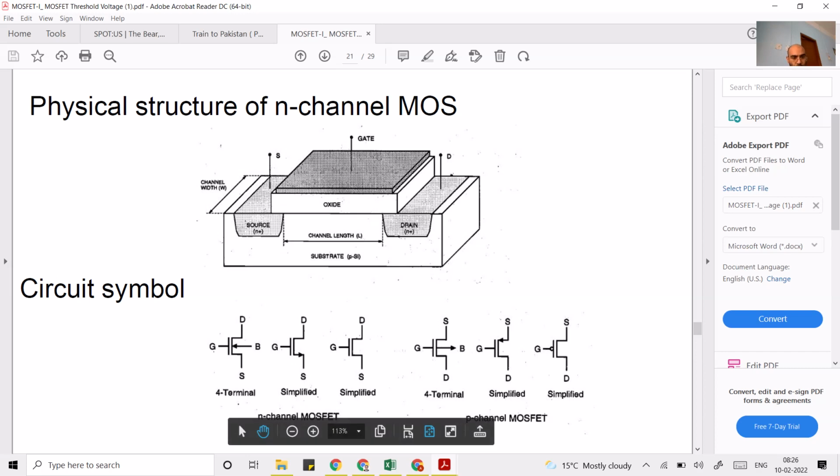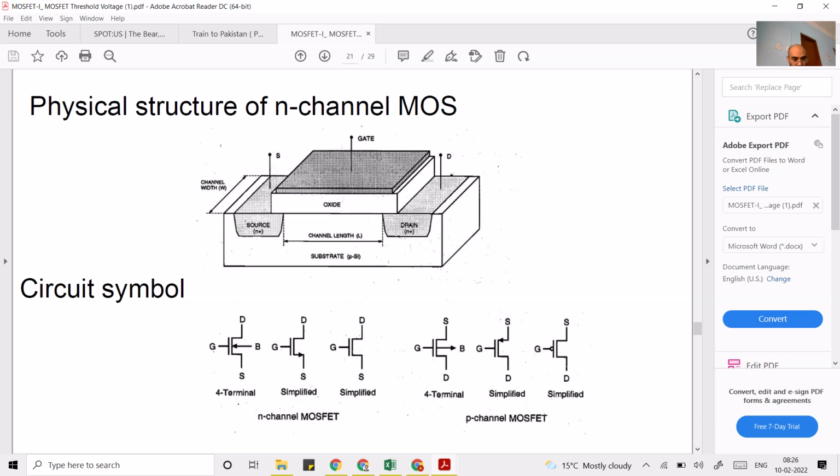If you're using an NMOS, then the symbol for the NMOS is something like this: a 4-terminal device. Usually this 4-terminal symbol is used in analog applications. In digital also this symbol is used, but if your body and source are connected at the same potential, then you don't use this 4-terminal symbol. Rather you use a 3-terminal symbol.